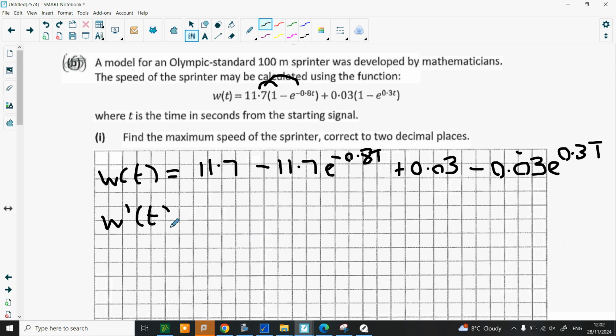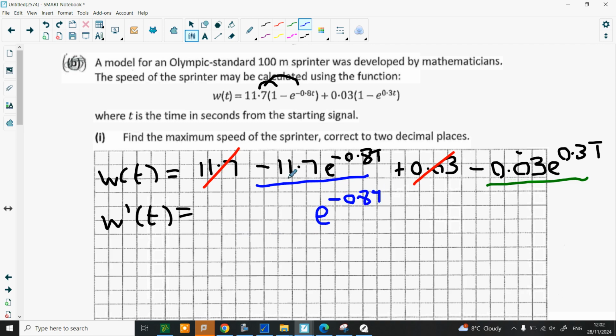What happens? 11.7 turns into 0. The 0.03 turns into 0. So I'm essentially only differentiating this one and this one, which is good news for me. Ready? So what do we learn about e again? Its power remains unchanged.